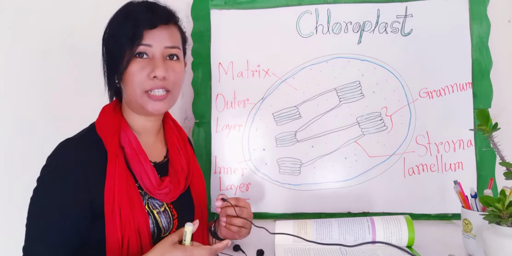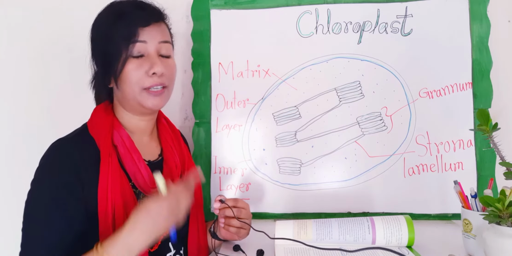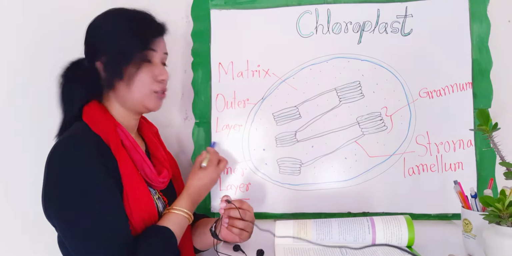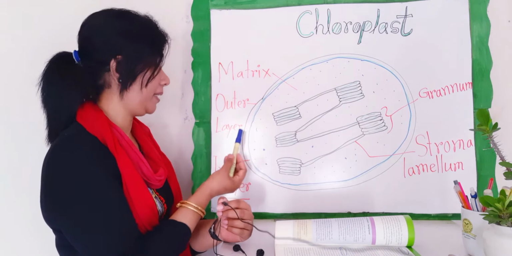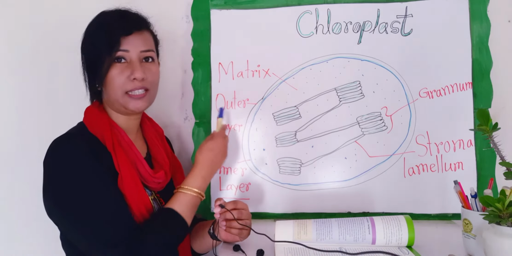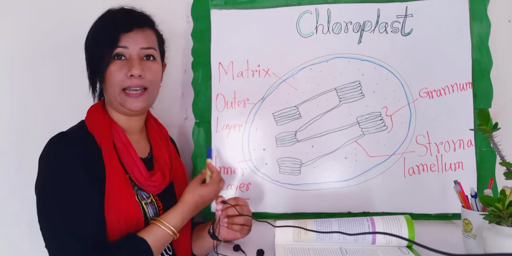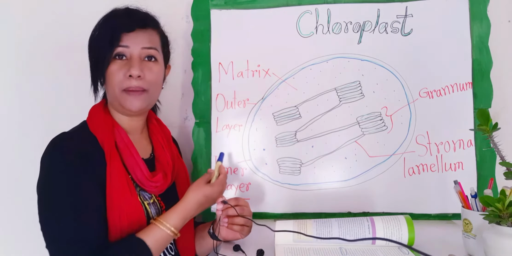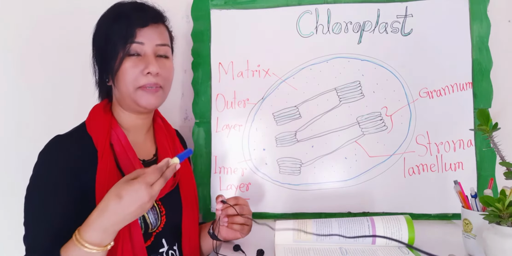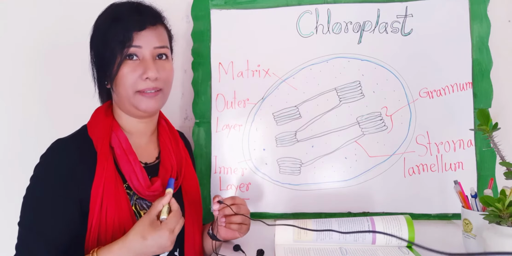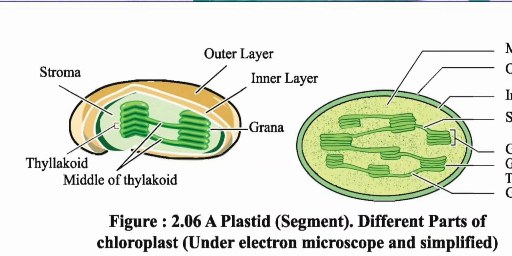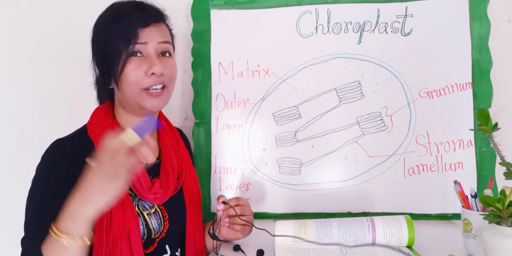Let's talk about the structure. What's the structure of chloroplast? It has two layers, two membranes: the outer membrane and the inner membrane, which is inside. The membrane system is highly organized.